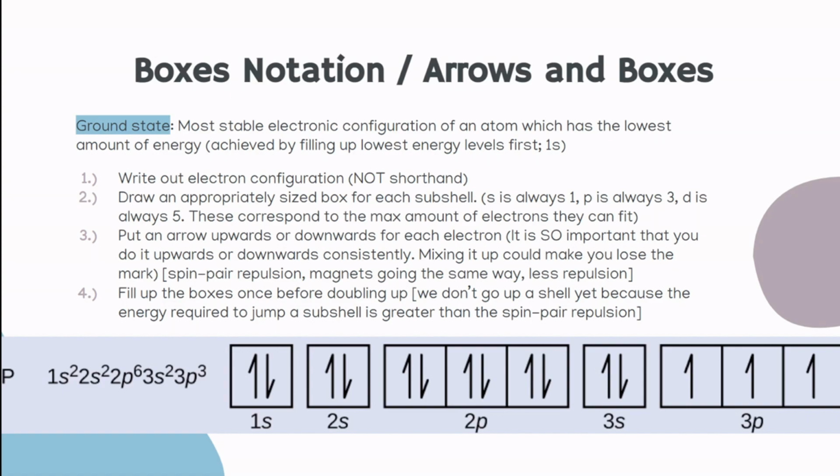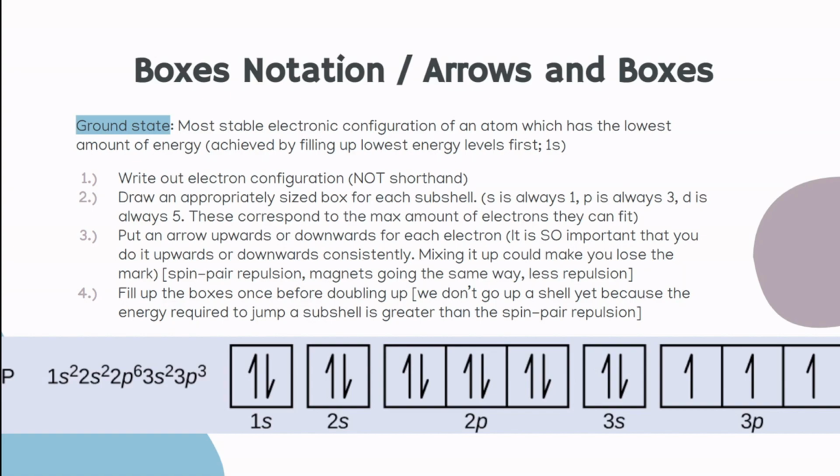So that is always 1s, and then we go 2s, and we go 2p, etc. It's almost like, another metaphor, when you have a notebook and you write in the first pages first and then go on from there, because it's the most stable way of organizing the information that you have in the book. You can think of these boxes as the pages in the book, and the arrows that you would put in it as the electrons that you're just trying to organize a little bit.